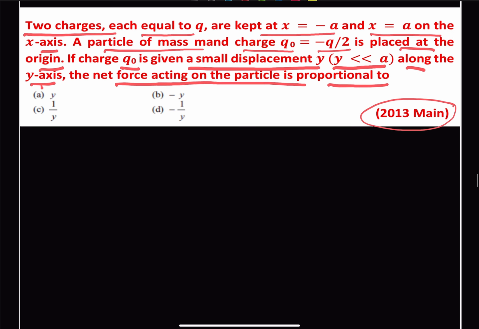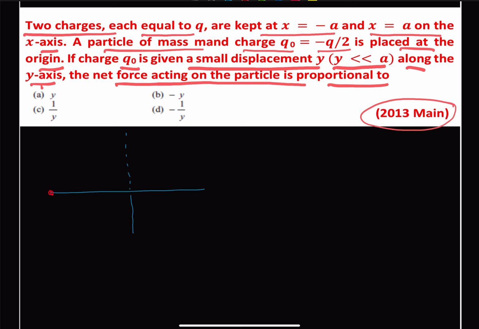Sometimes this type of question is also asked with respect to SHM, SHM or periodic or both. And we can just draw an approximate figure for that. So initially we are given that we have two charges.